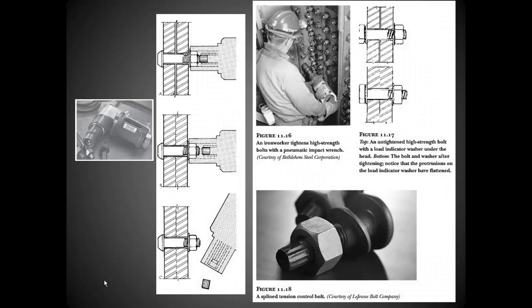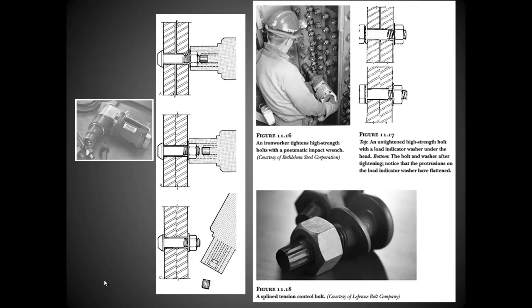In more recent history, we've come up with other ways to fasten steel together, and one of those methods that's fairly common today is a tension control bolt. It's important that when we fasten steel together, that it is fastened together consistently. So these tension control bolts are designed to provide a certain PSI strength.